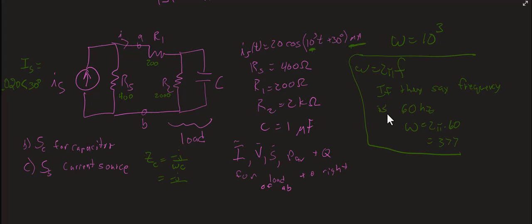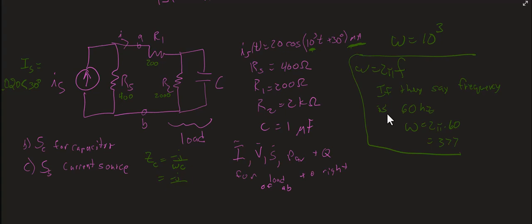The only thing it affects is coming up with the phasors. And if it were V of t instead of I s of t, it works exactly the same way.